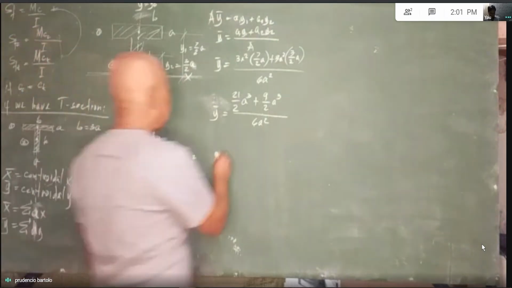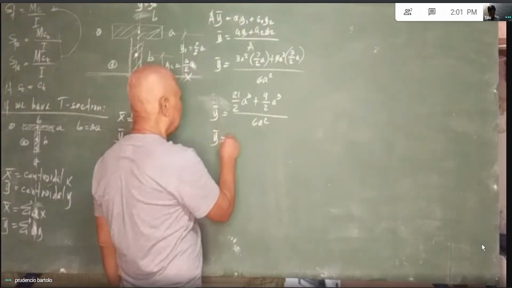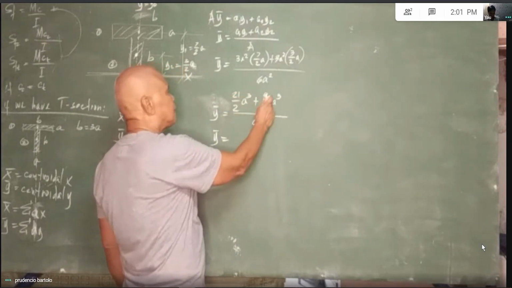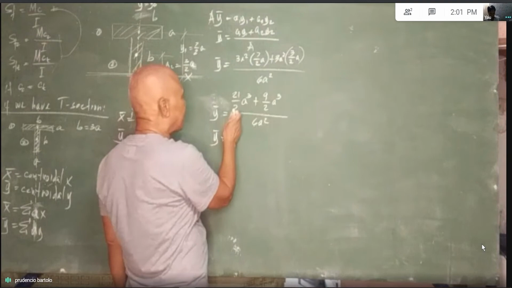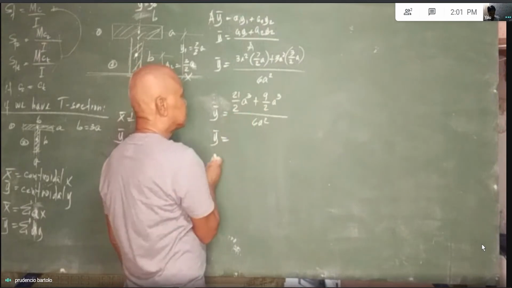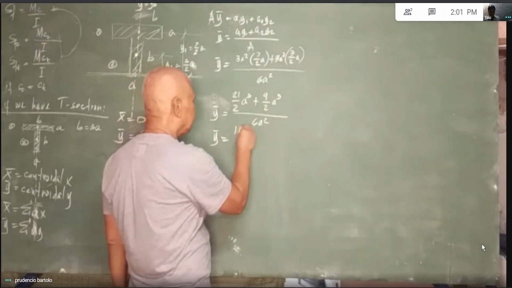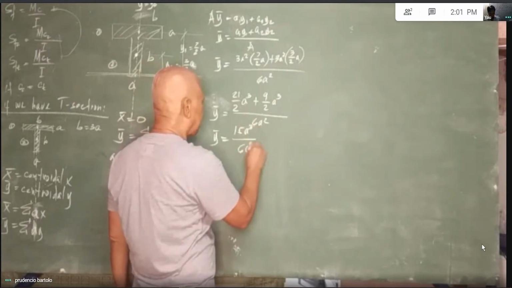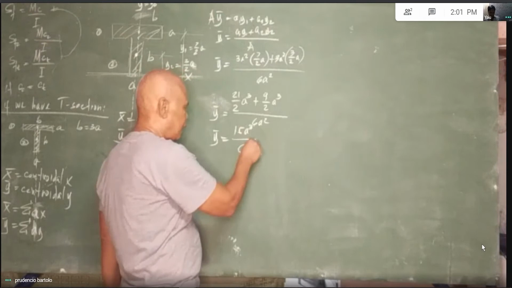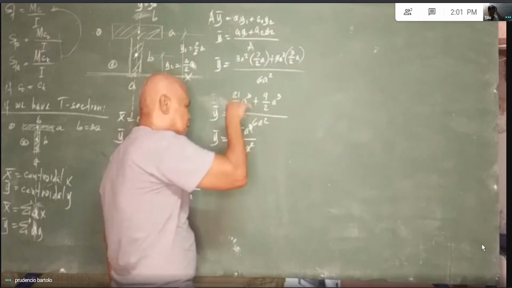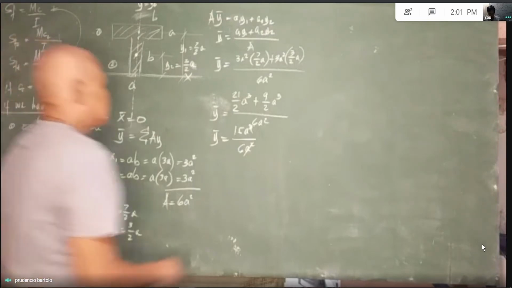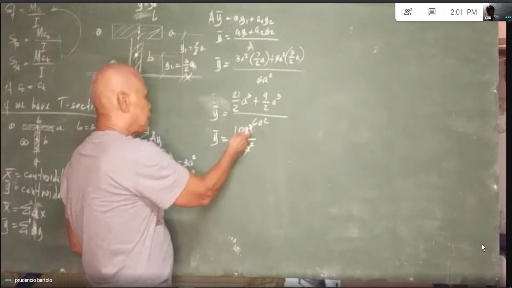So Y bar is equal to 21 plus 9, that is 30, divided by 2, that is 15 a cubed over 6a squared. The a squared cancels out, so this will be simply a.